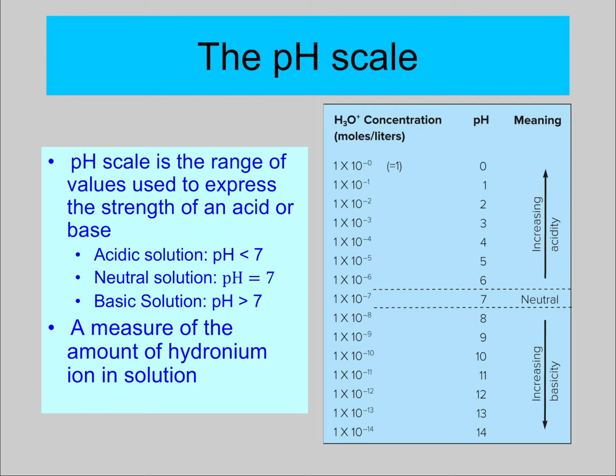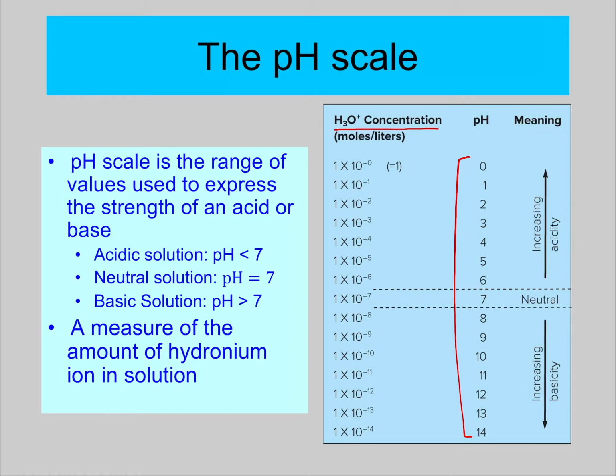The pH scale is our last topic. It's the scale that we use to express the strength of an acid or a base, and it has an entire range of values. The ones we're probably most familiar with are the pH of 0 to 14, but how we measure that pH is based on hydronium concentration.